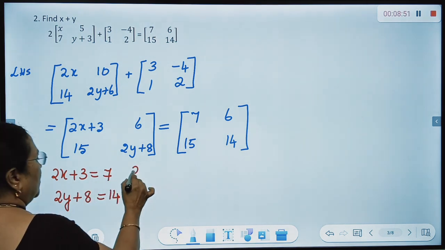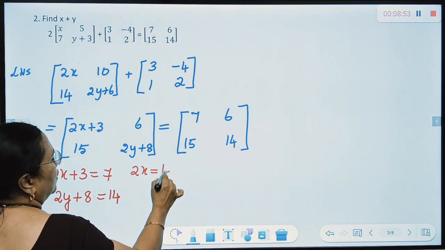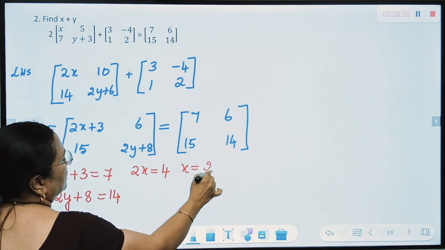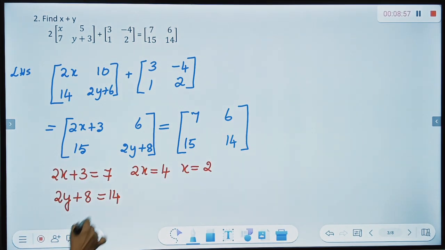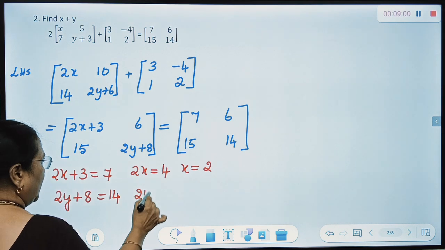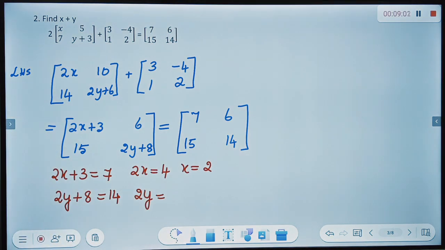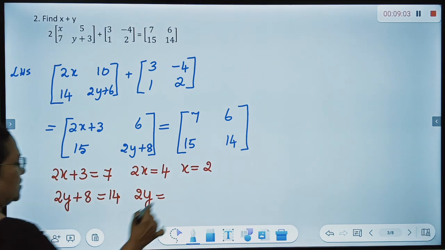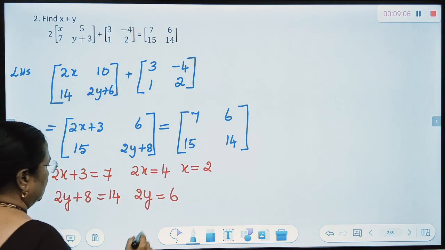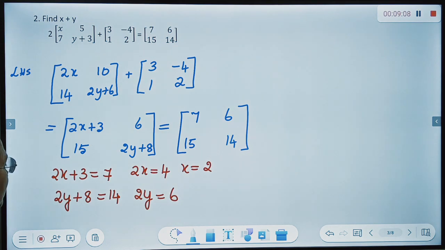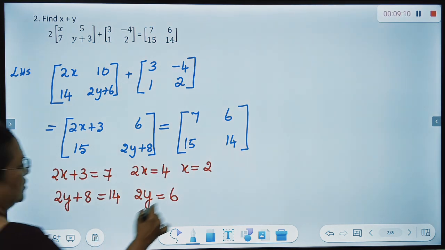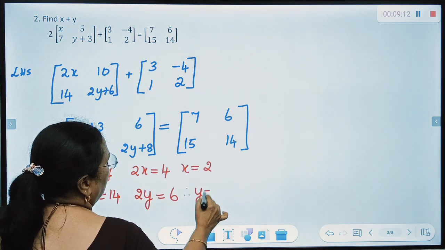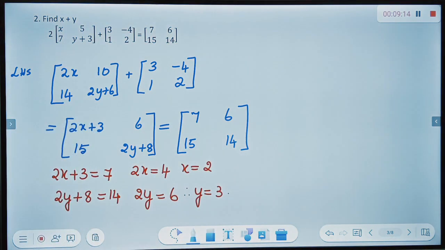So you have 2x equal to 4 or x equal to 2. From here you get 2y equal to, sorry, 14, correct. Which means y equal to 6 by 2, which is 3.